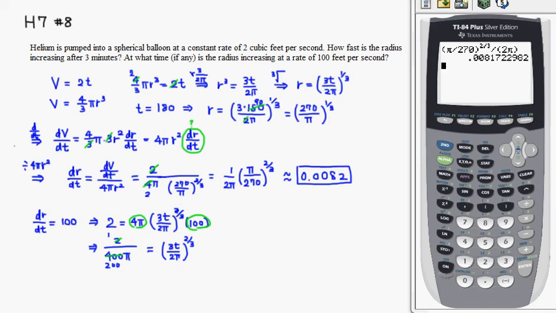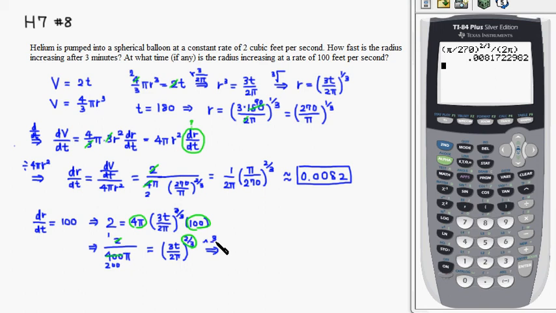Next, since we have the 2/3 power right here, we want to get rid of that, so I'm going to raise both sides to the 3/2 power.